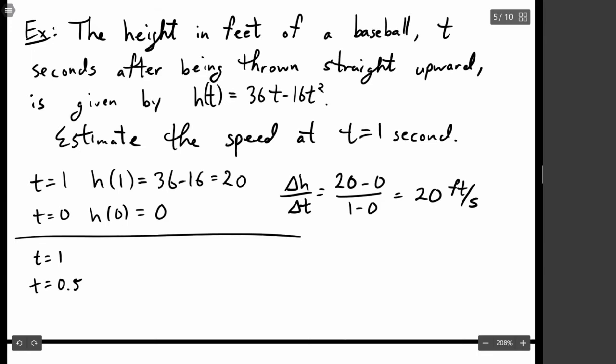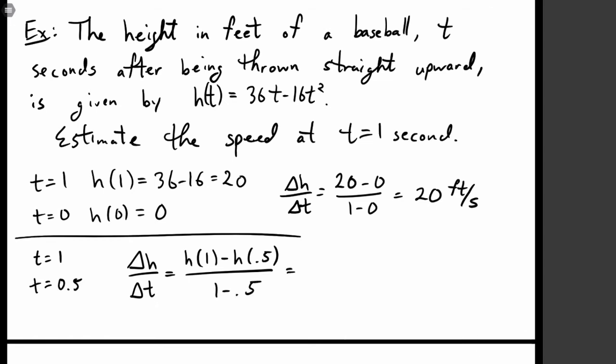So if we compute this, we'll find out that delta H over delta T, which in this case would be H of 1 minus H of 0.5 over 1 minus 0.5. I won't plug all these numbers in here because this is just going to get a bit messy. But this is going to turn out to be 12 feet per second. So this gives us a little bit better of a picture.